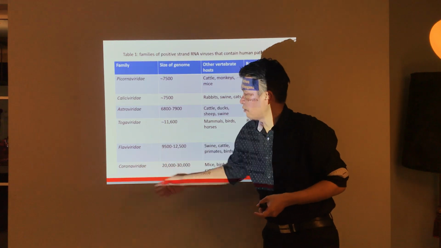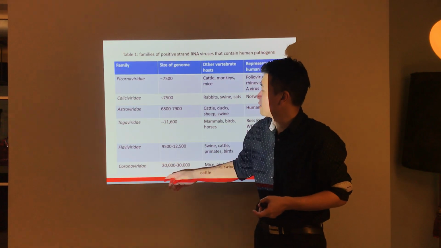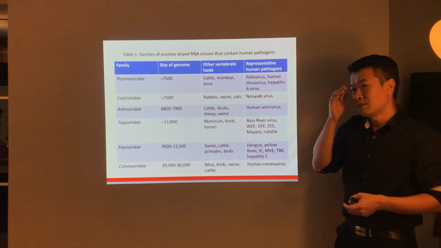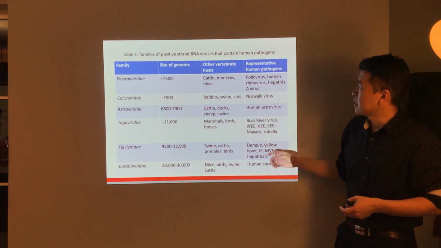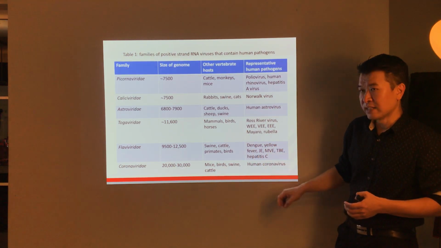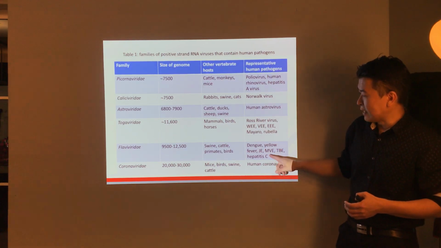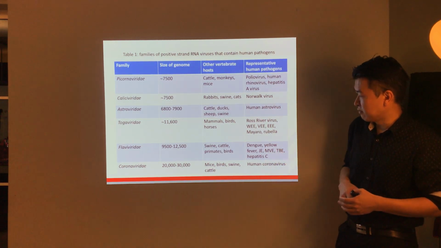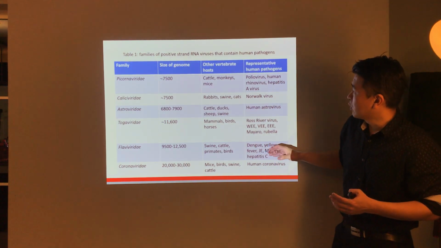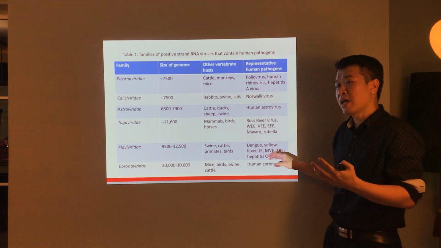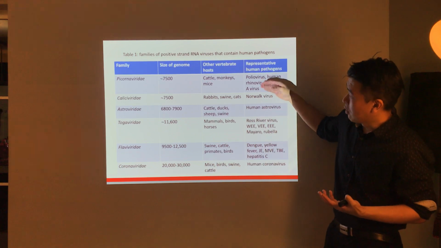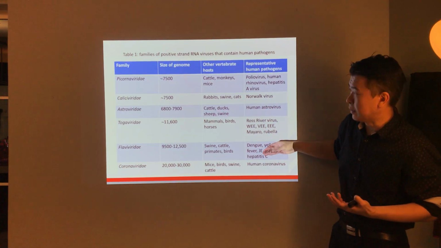The next one is Flaviviridae. It has a size of 9,500 to 12,500. The very famous diseases caused by this virus are dengue, yellow fever, Japanese encephalitis, Murray Valley encephalitis, tick-borne encephalitis, as well as hepatitis C. Now, I would like you to notice that even though hepatitis A and hepatitis C cause inflammation of the liver, they belong to different families.